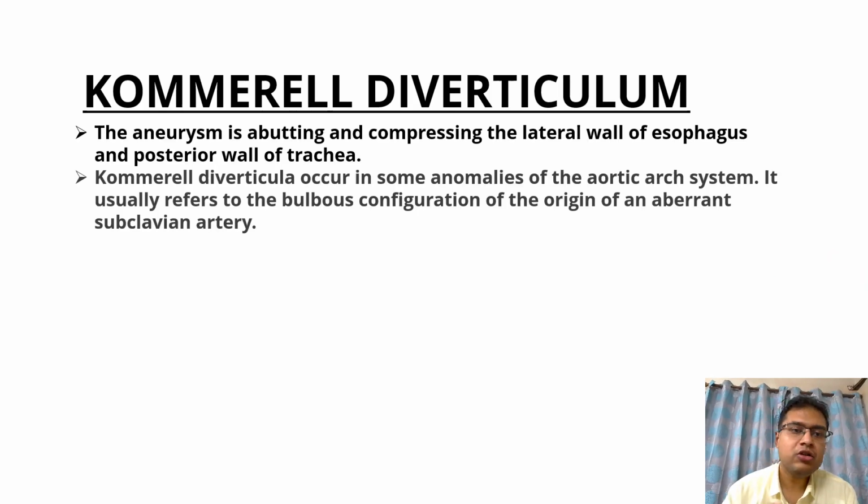So it's actually called a Kommerell diverticulum, which is an aneurysm of the proximal part of the aberrant subclavian artery, and it is abutting and compressing the wall of the esophagus and the posterior wall of the trachea. So that is a spotter for you.